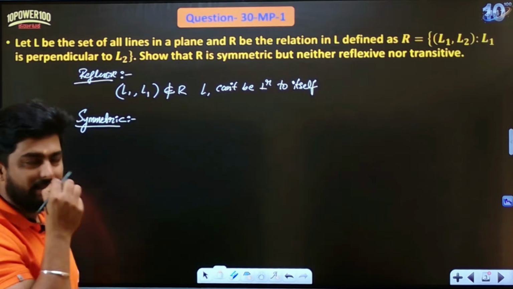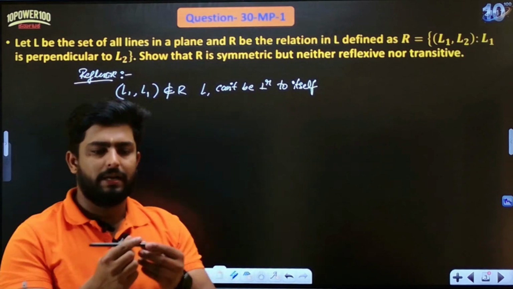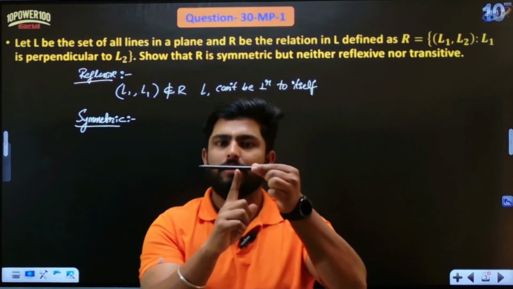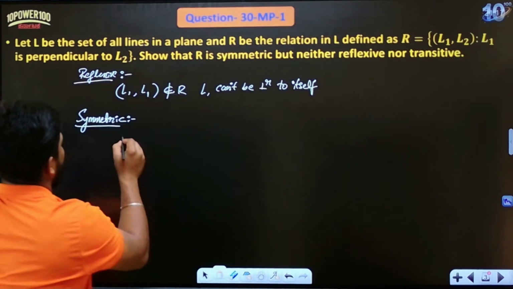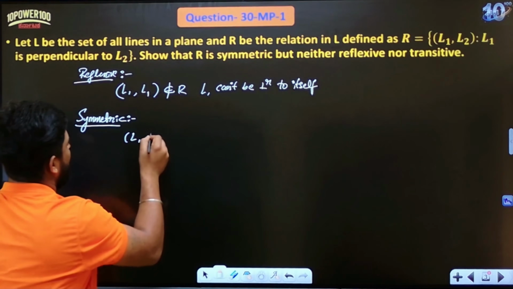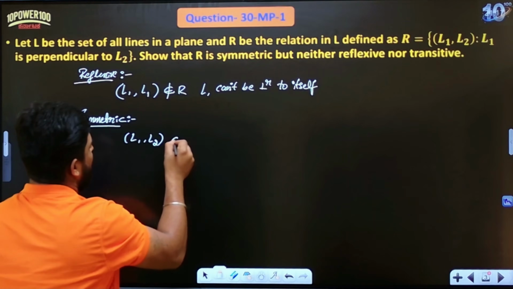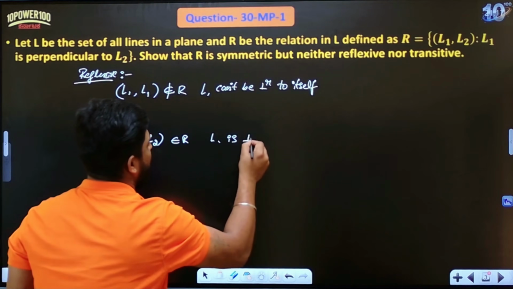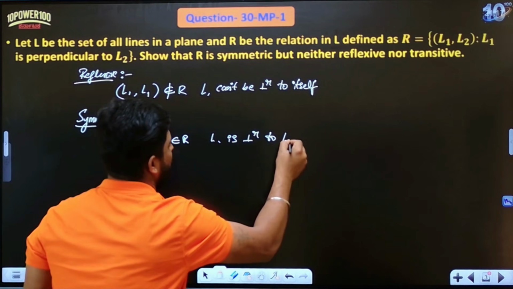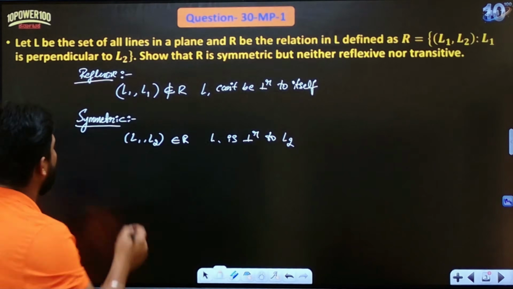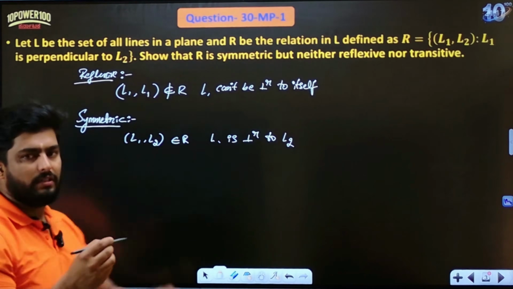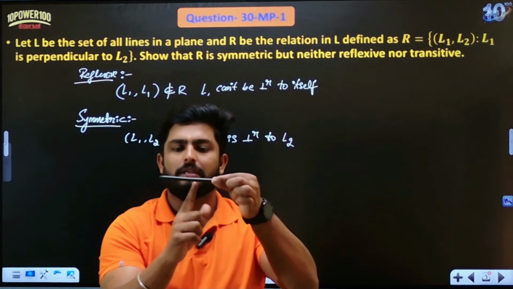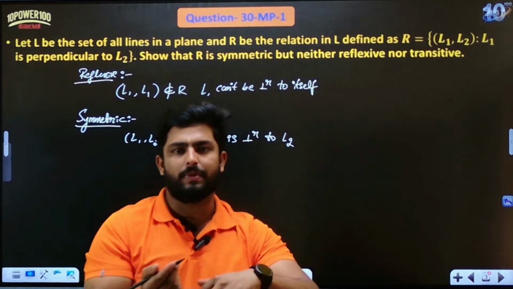First, let's consider line 1 is perpendicular to line 2. So L1 comma L2 belongs to R. Why does it belong to R? Because L1 is perpendicular to L2. Now, what about the reverse of this? If this is perpendicular to this, we can say that L2 is also perpendicular to L1.